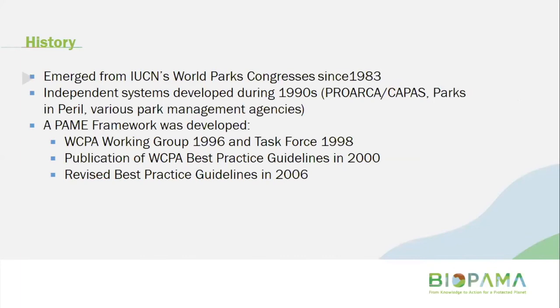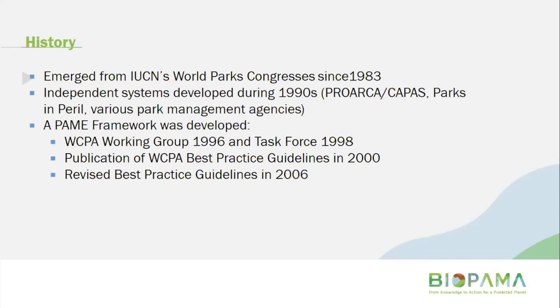A little bit of history. The whole concept of management effectiveness evolved through World Parks Congresses organized by IUCN since 1983. In the 90s, some independent assessment systems were developed in some parts of the world.